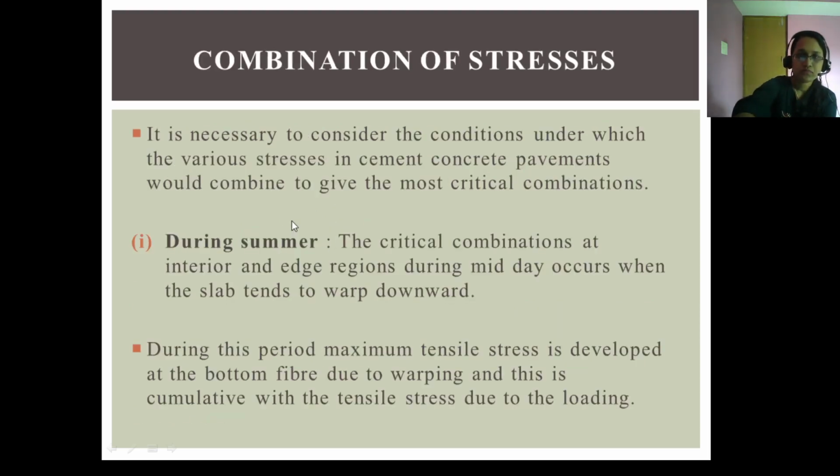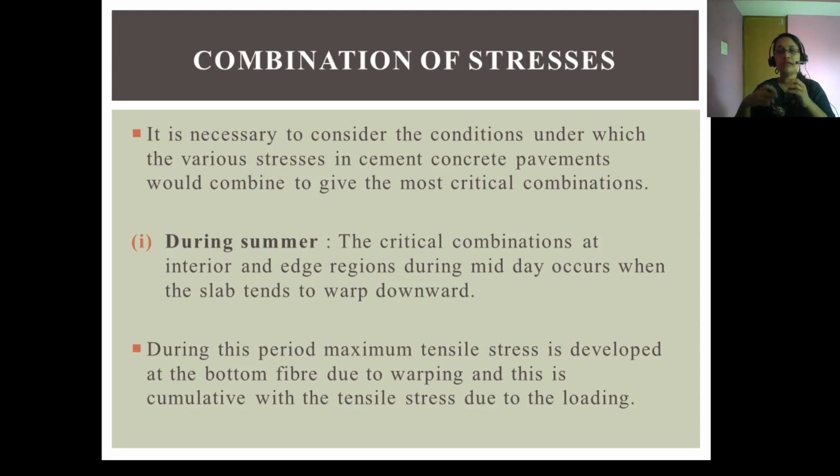Okay. Coming to the combination of the stresses. It is necessary to consider the conditions under which the various stresses in the cement concrete pavements will combine to give the most critical combination. So during summer, the critical combination at the interior and the edge regions during the midday occurs when the slab tends to warp down.